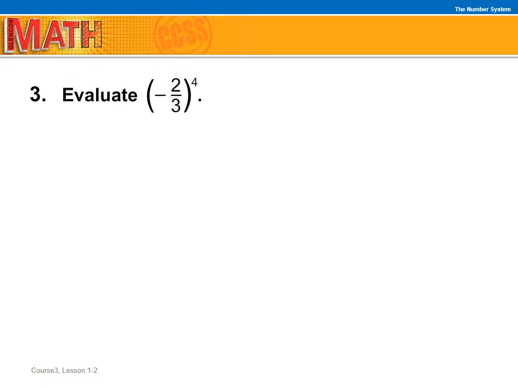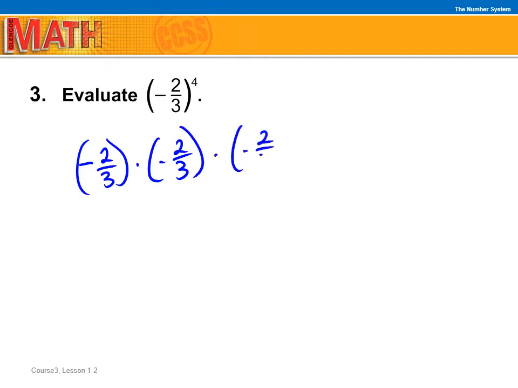For example 3, we are told to evaluate negative 2/3 to the 4th power. So what this is telling us is that we're going to multiply negative 2/3 times negative 2/3 times negative 2/3 times negative 2/3. So 4 times we are writing negative 2/3.